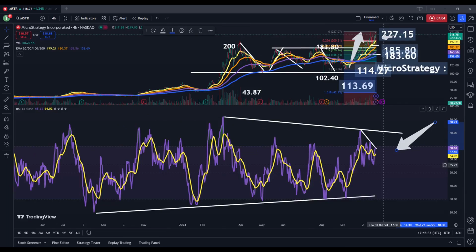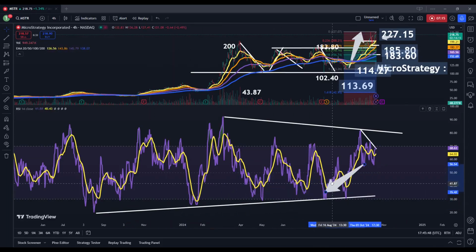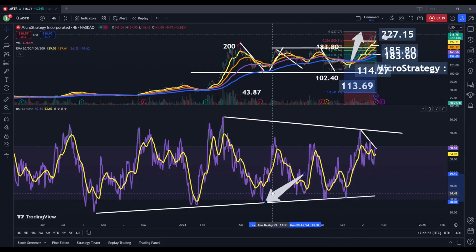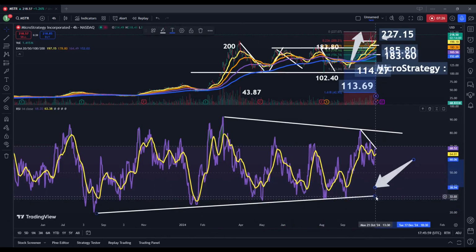There is still some bearish momentum that's governing the stock, and I would suspect that would give some short sellers the confidence possibly to start to sell into 227.15. But what needs to be remembered here is that the longer term momentum reading is still positive. This has been tested, you can make the argument, on 5 separate occasions, and it is a very stable trend line. The slope here is not very dramatic.